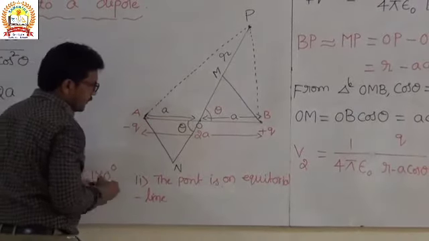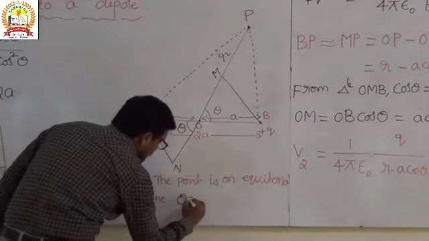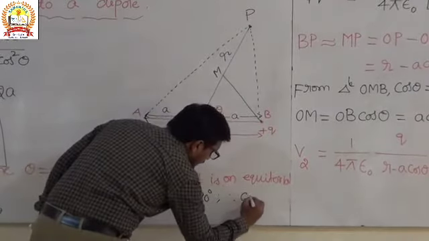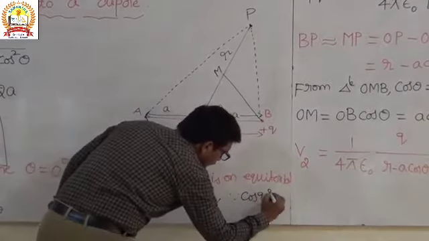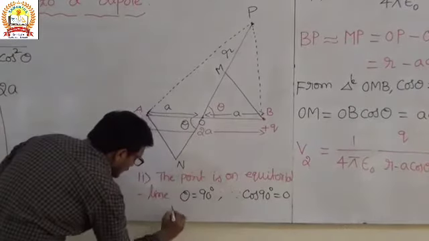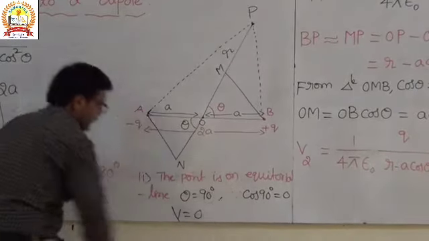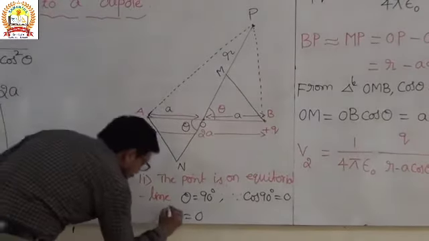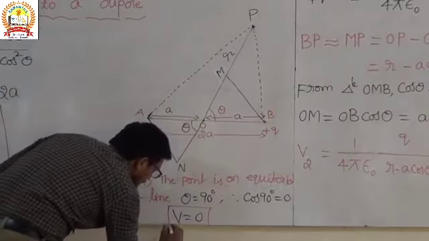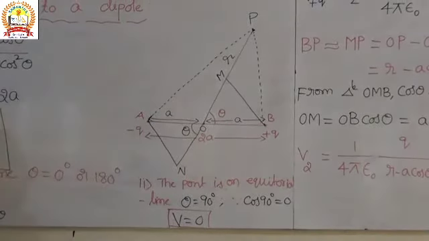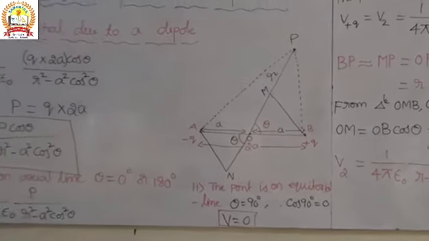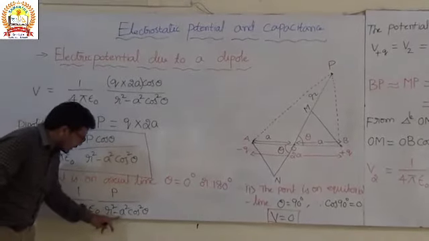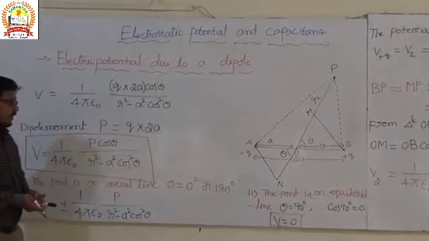Then theta will be 90 degrees. Then cos 90 will be 0. Then the potential V is equal to 0. So on the equatorial line, due to a dipole, the potential is 0. On the axial line, it is 1 by 4 pi epsilon naught P by R square minus A square cos square theta.